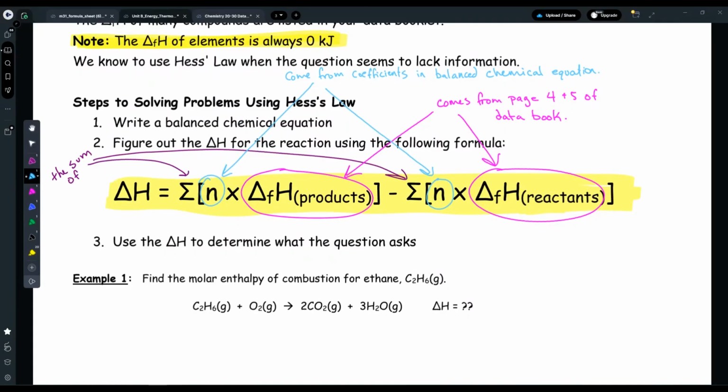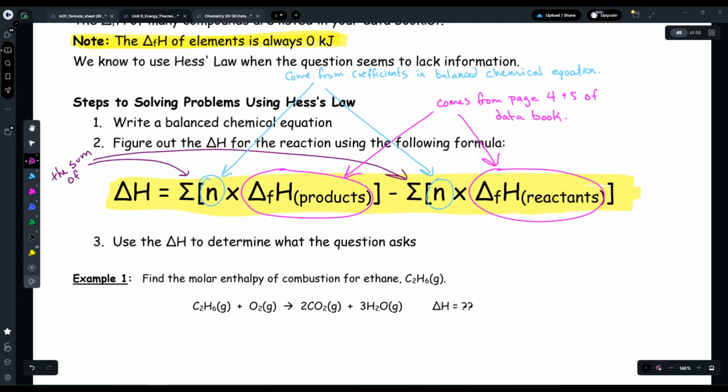The main idea behind the formula version of Hess's law is that we're taking the sum of the moles of our products times the molar enthalpy of formation of our products, and subtracting the sum of the moles of the reactants times the molar enthalpy of formation of the reactants.